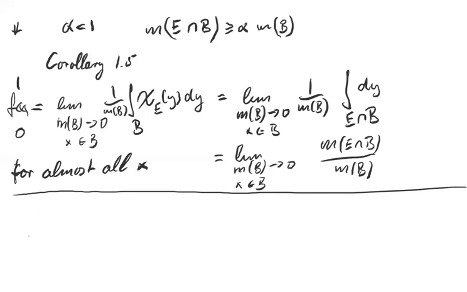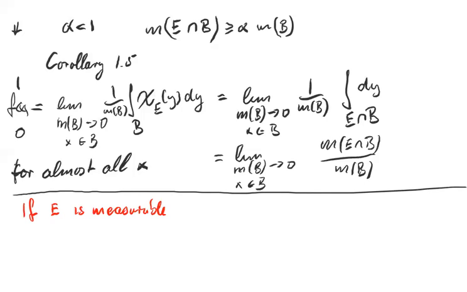Okay, but I want to say something else. If E is measurable, in our definition of measurability, it's an outer measure.